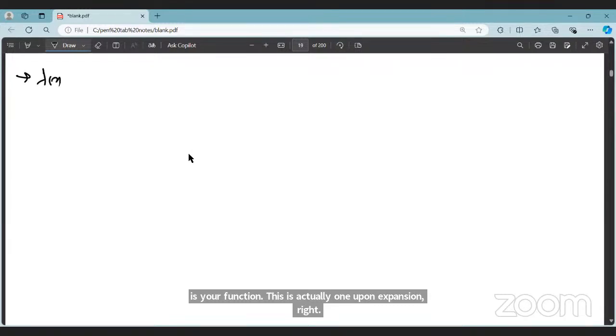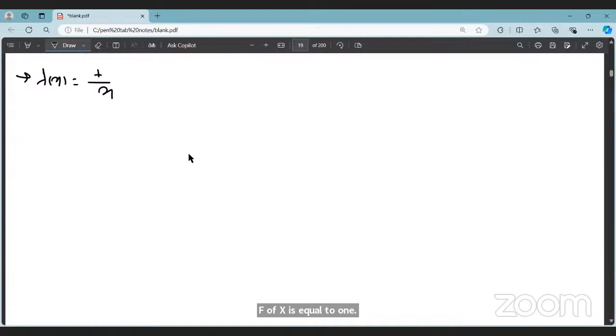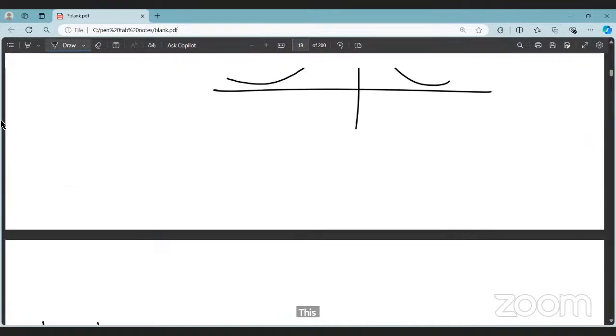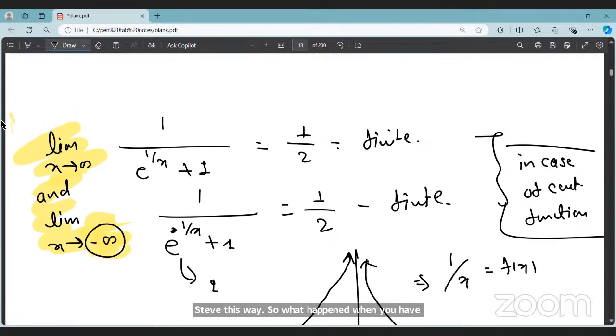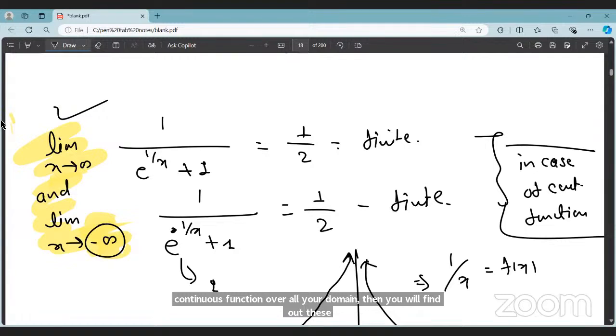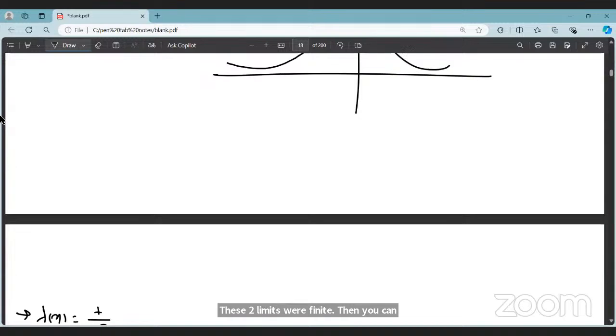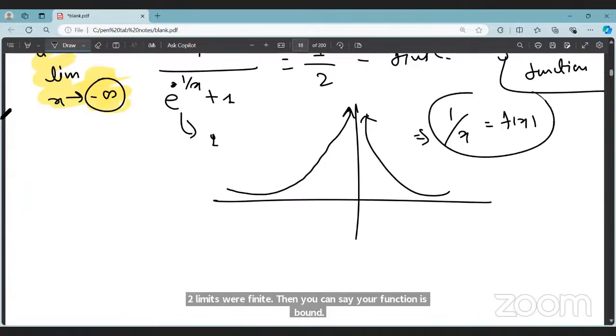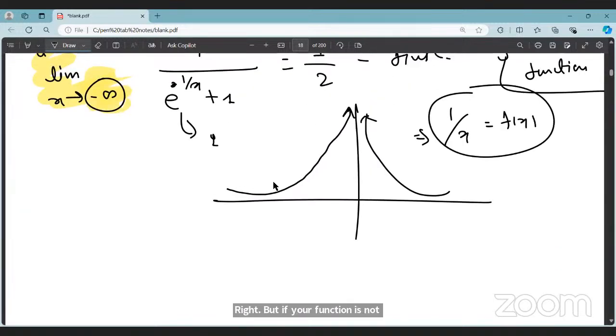Then question number 5. Just state this fact. When you have a continuous function over all your domain, you find these two limits, and if they are finite, then you can say your function is bounded, right? But if your function is not continuous, as in this case, f of x equals 1 by x, you can easily check that at x equals 0 the function is not continuous.